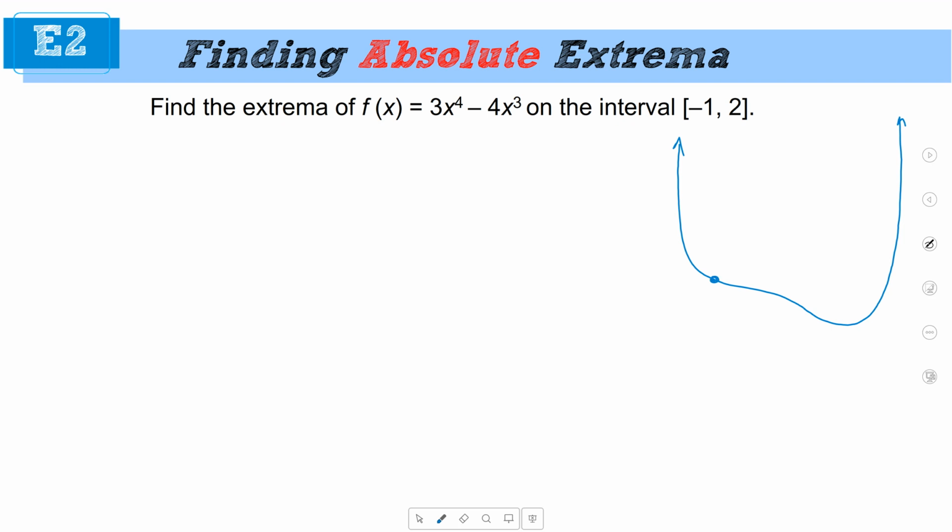And where's 2 here? Is it way over past the little valley? Okay. So we want to look at this part of the graph, the stuff in red, and find the maximum and the minimum. And again, these are absolutes because we're looking at the whole part of that red graph.